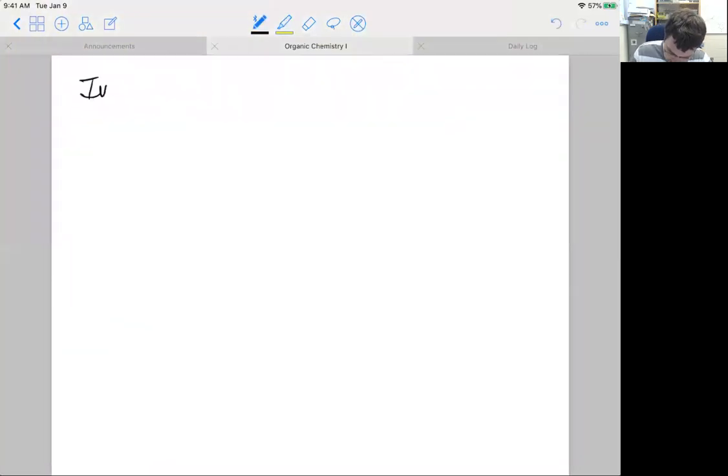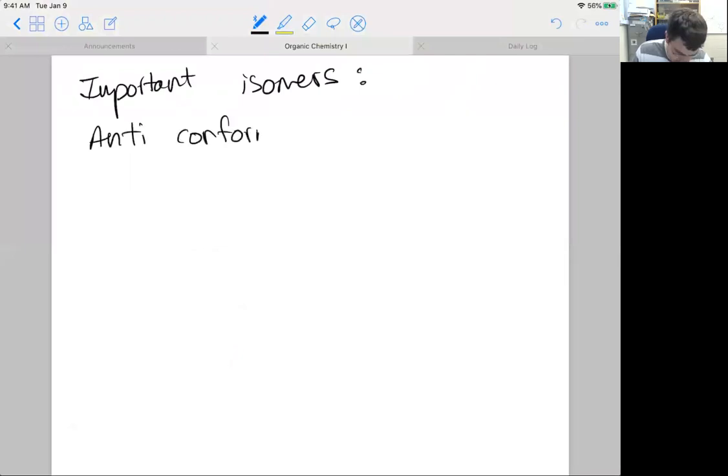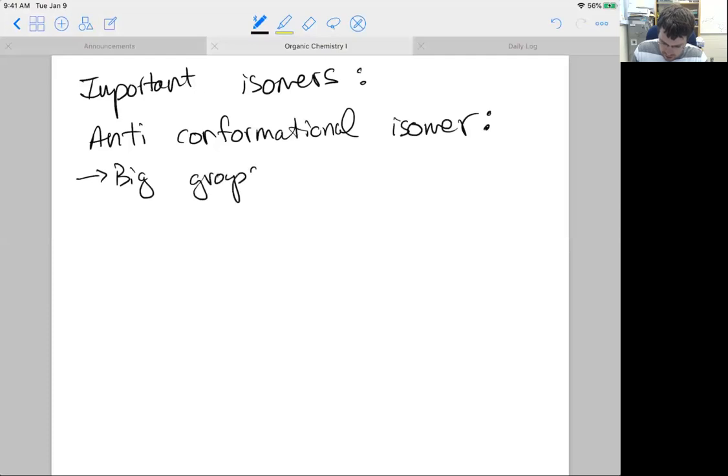So the important isomers were, firstly, the anti-conformational isomer. In the anti-conformational isomer, the big groups are opposite and in plane with each other. We call this the anti-conformation.